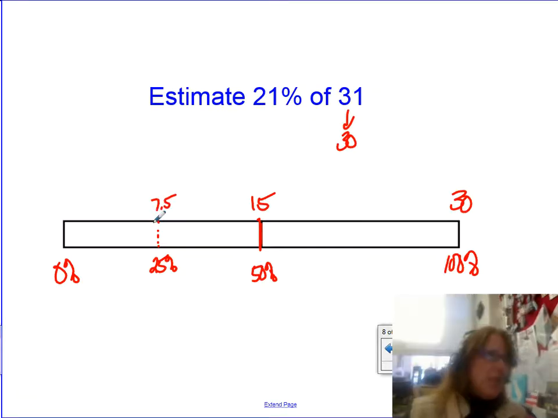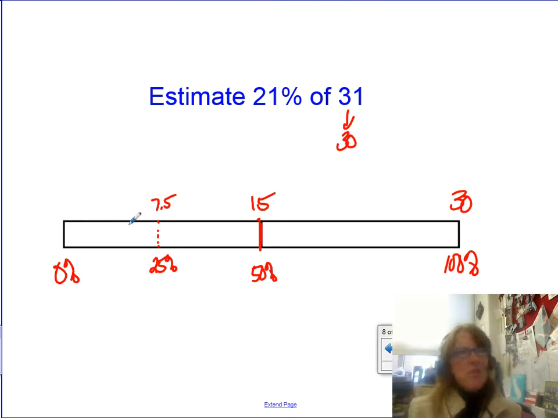But it's going to be a little less than this. So do you just want to wiggle on there and say it's going to be 7, or would it really be closer to 6 or 5 or what? Because 20% is probably somewhere about here.